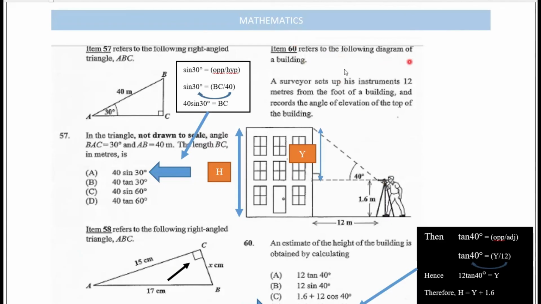Item 60, refer to the following diagram. Last one today, of a building. A surveyor sets up his instruments 12 meters from the foot of the building and records the angle of elevation of the top of the building. So the angle of elevation is 40 degrees to the top of the building.